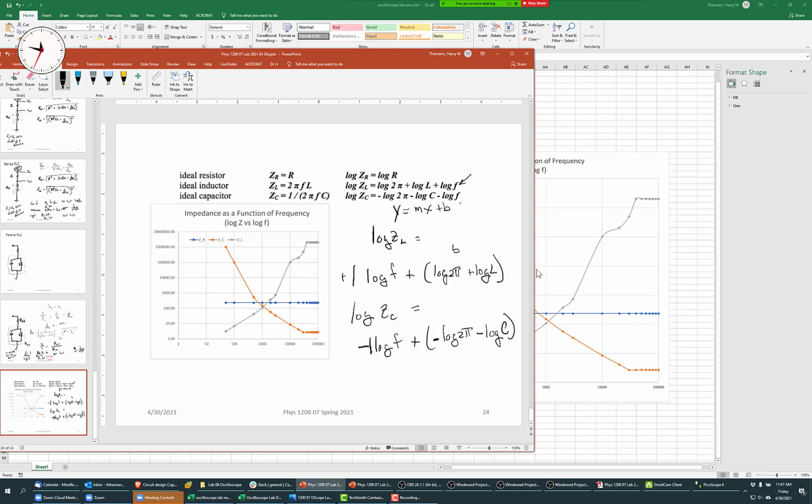And this is why you do the log-log plot. I can't tell you ahead of time that it's natural to take the log-log plot. People just play with these things and say, oh wow, if I take the log of both sides, if I make a log-log plot, I can do this straight line fit.